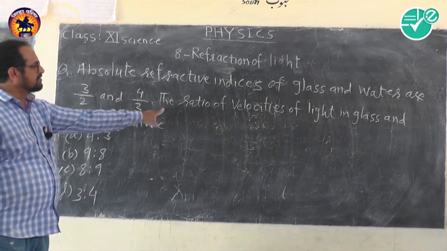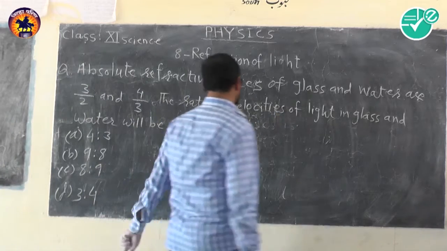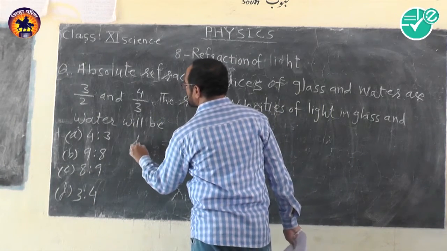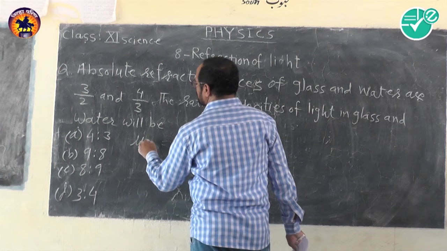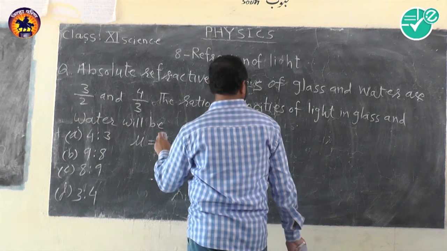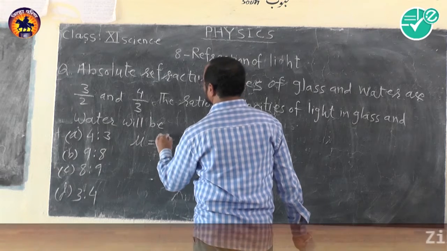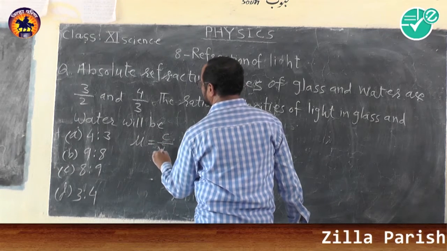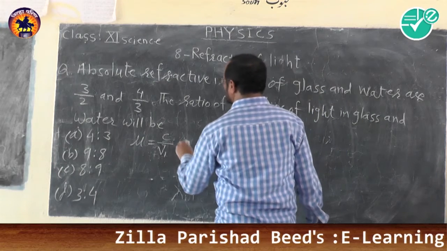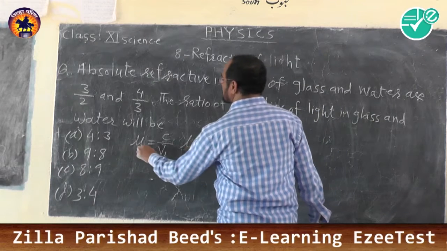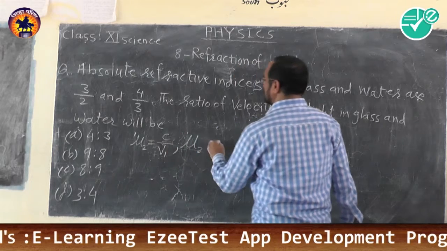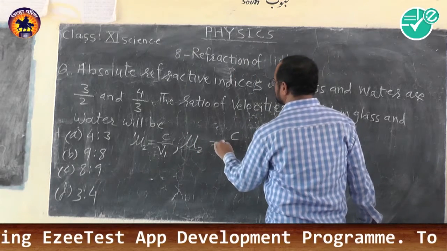So before taking the ratio of these velocities, we can write here mu is equal to c by v1, and the second one is equal to c by v2.